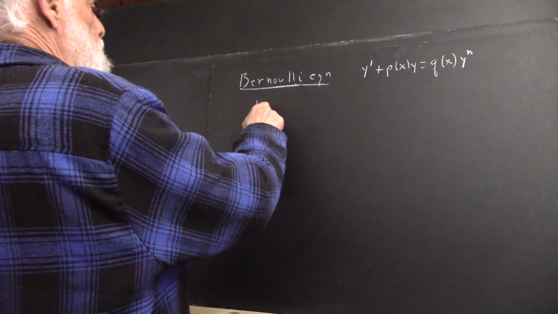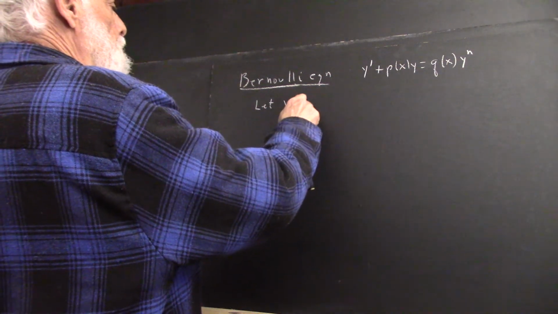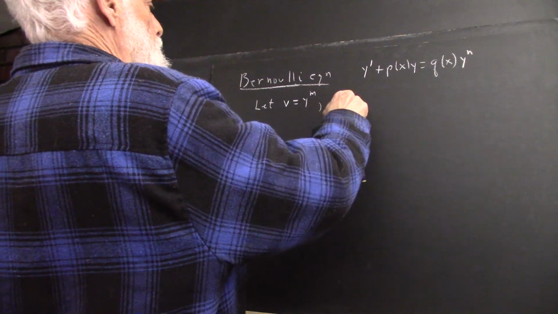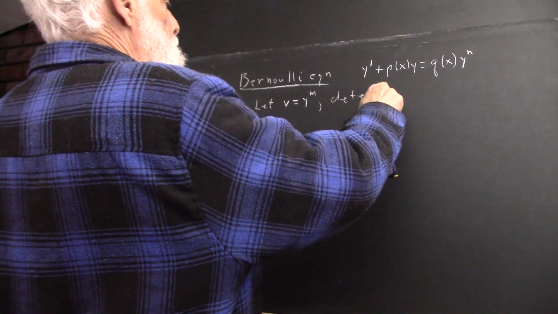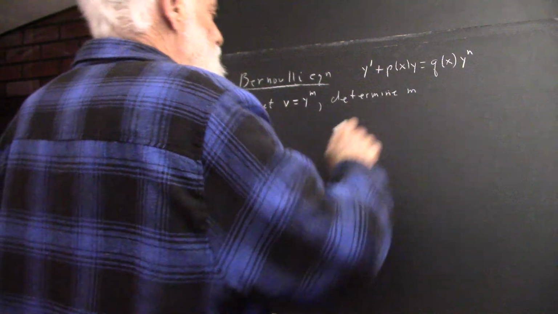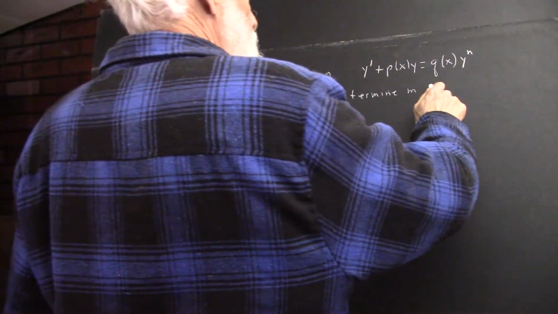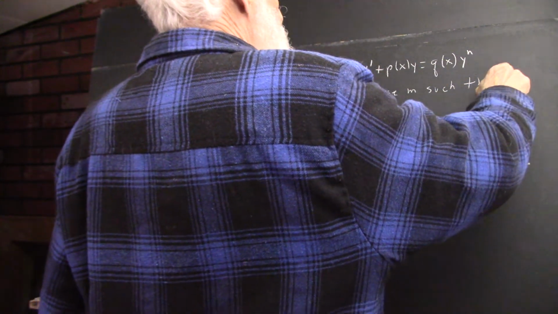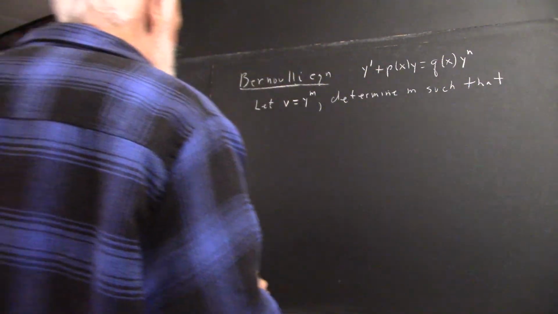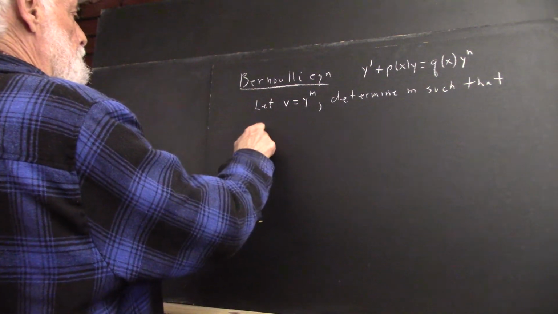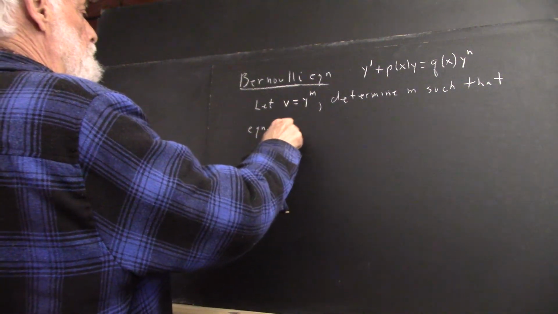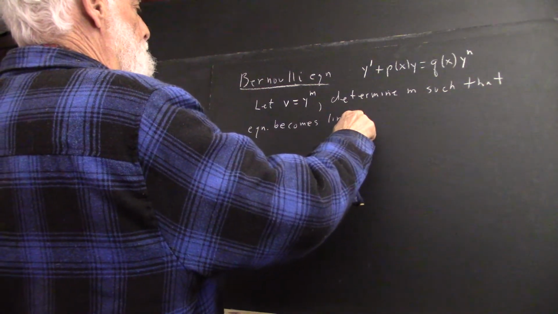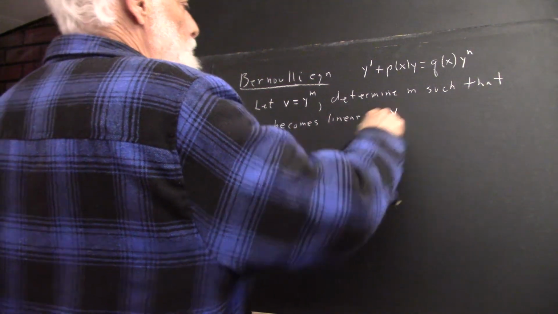What you do is you let v equal y to the m, and you determine m such that the equation becomes linear in the variable v.